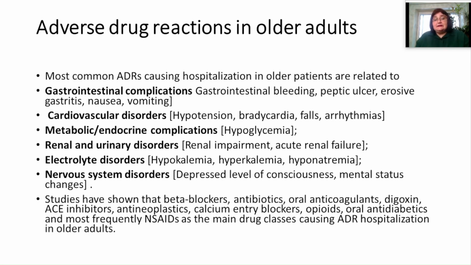And nervous system disorders: depressed level of consciousness, mental status changes. Studies have shown that beta blockers, antibiotics, oral anticoagulants, digoxin, angiotensin-converting enzyme inhibitors, antineoplastics, calcium channel blockers, opioids, and oral antidiabetics are most frequent, with non-steroidal anti-inflammatory drugs as the main drug class causing adverse-event hospitalization in older adults.